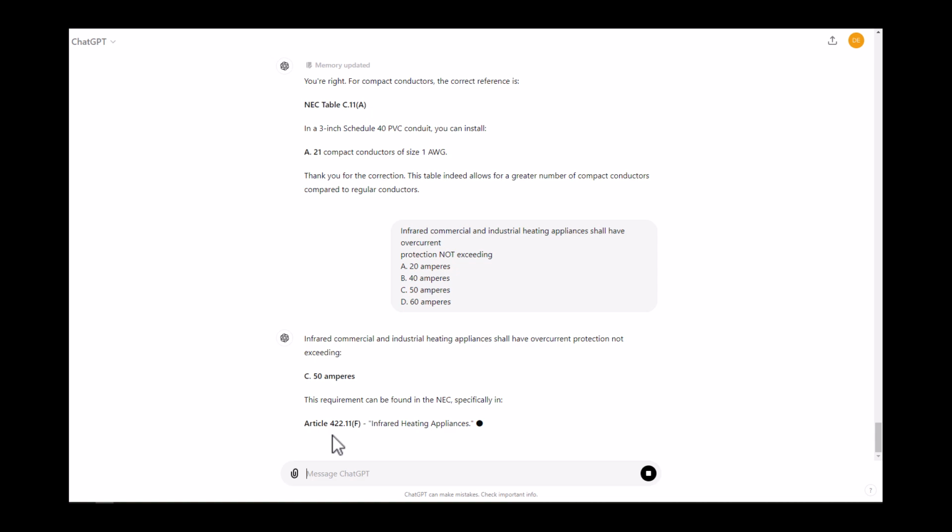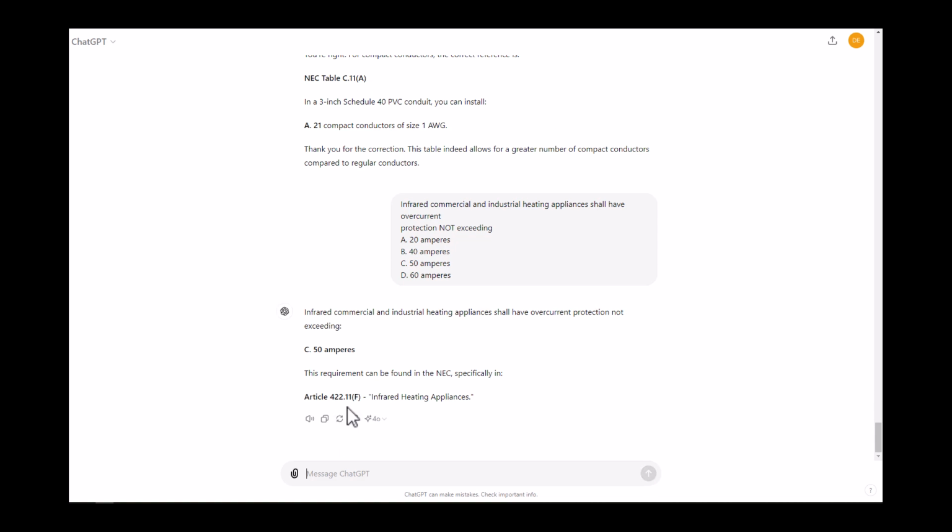and 50 amp, 422.11f, which is, if I go back to the question, 422.11f.